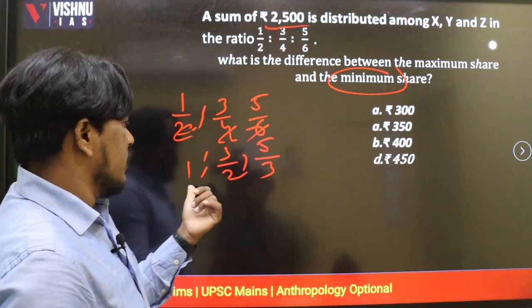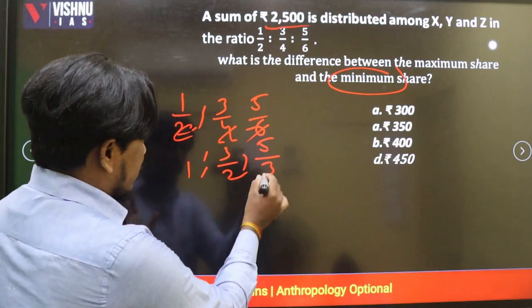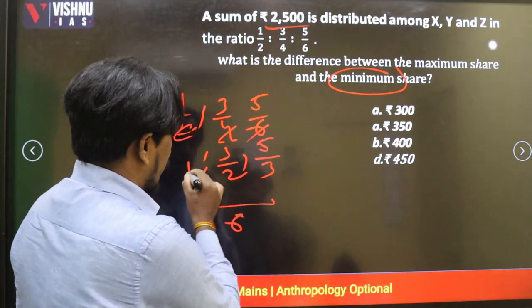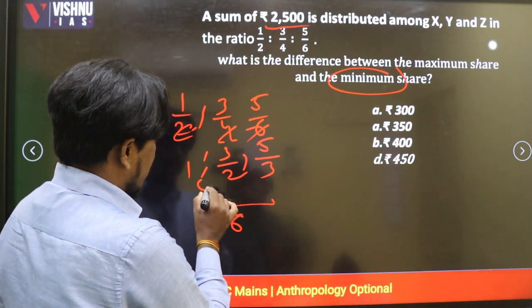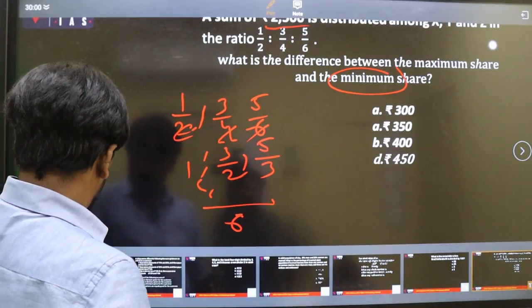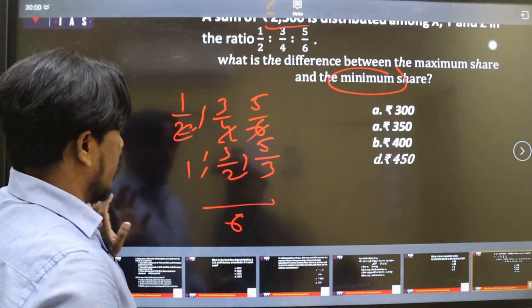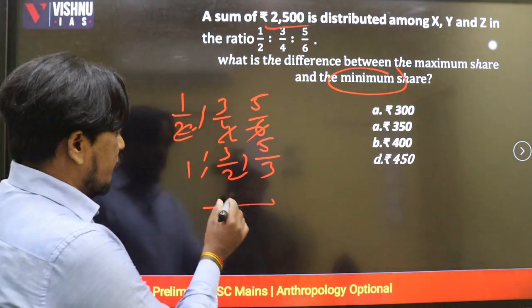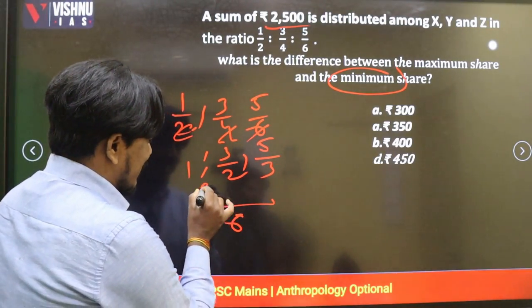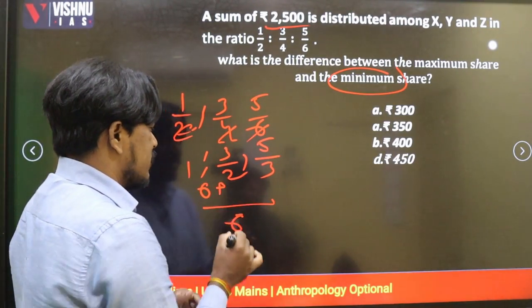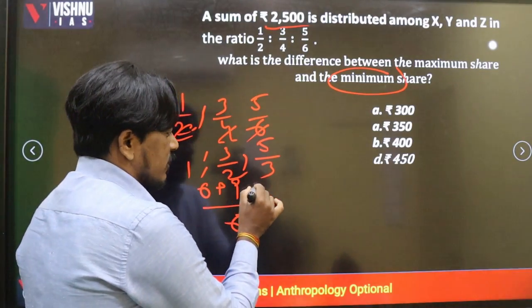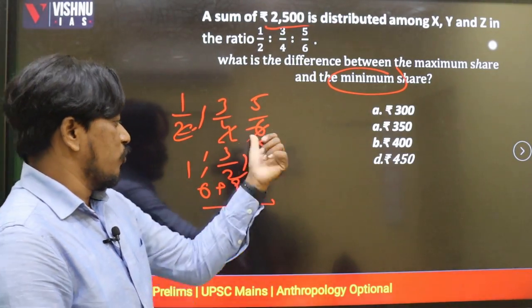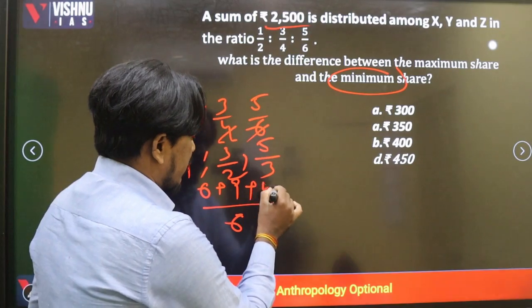So what we can do is take the LCM, 6, and simplify. Here we will get 6. Here what will we get, guys? 3 times 3, 9. Here 2 times 5, 10.